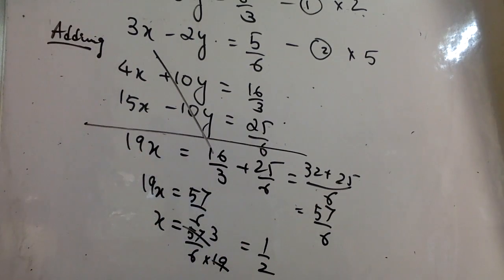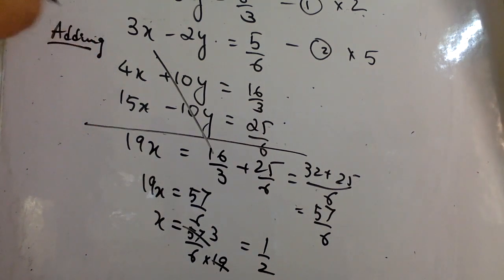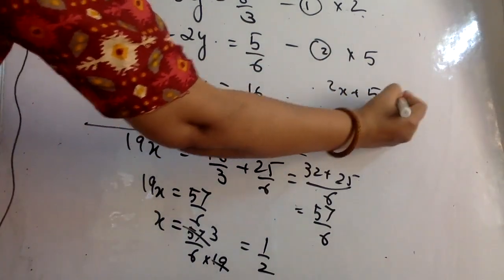This half I am going to substitute in the next equation. I am going to substitute this half in any one of the two equations, either is fine. I can even take the first one if I want. So this is 2x plus 5y is equal to 8 by 3.